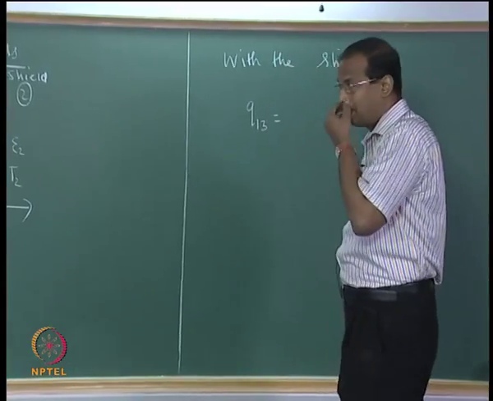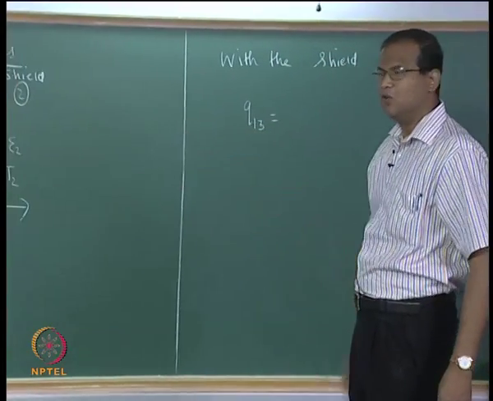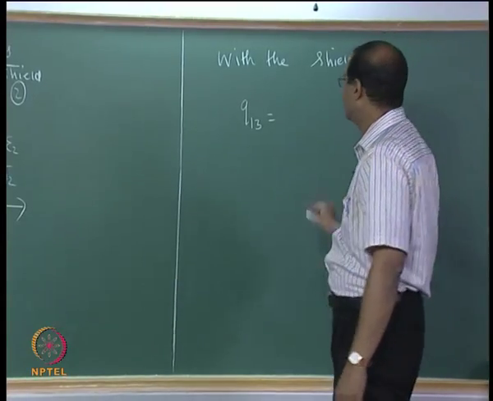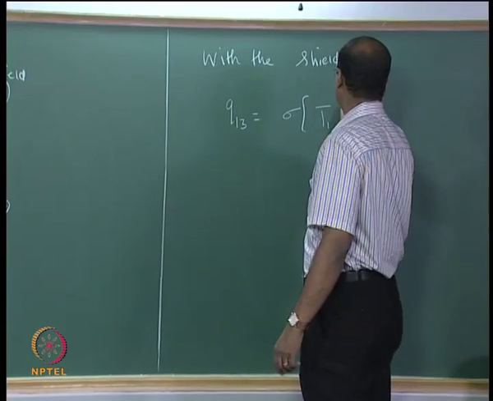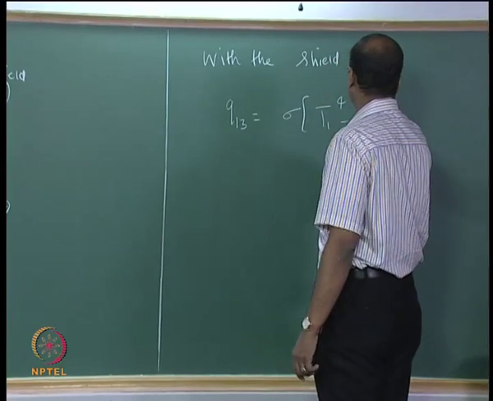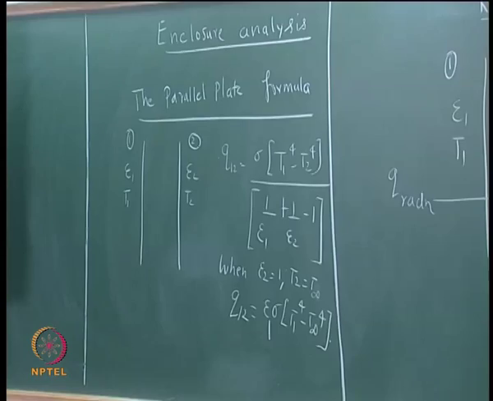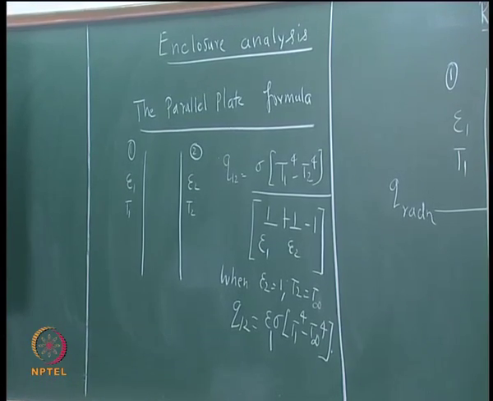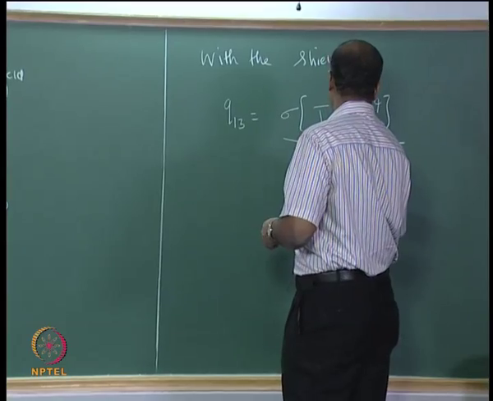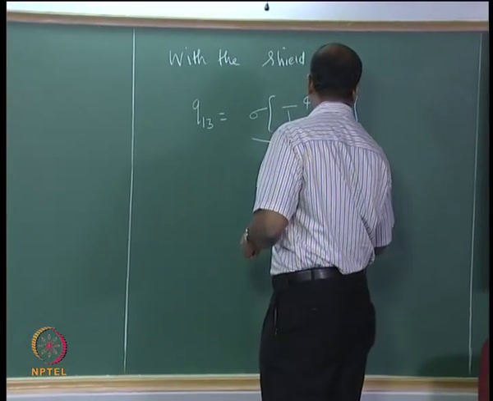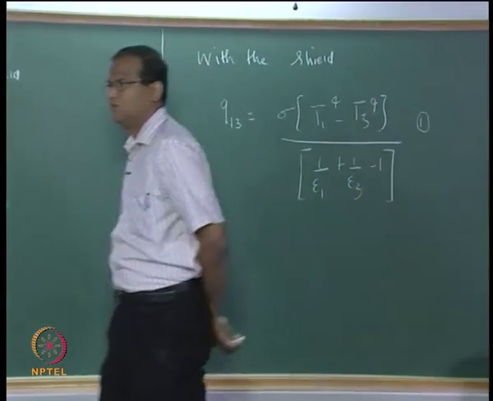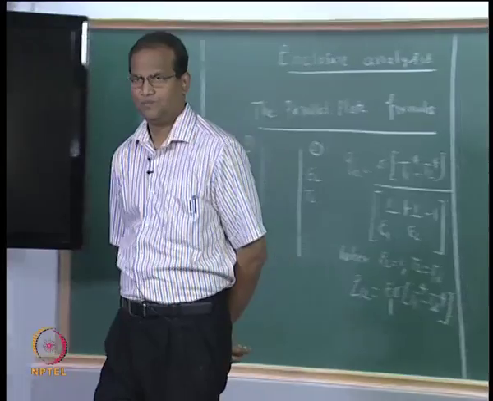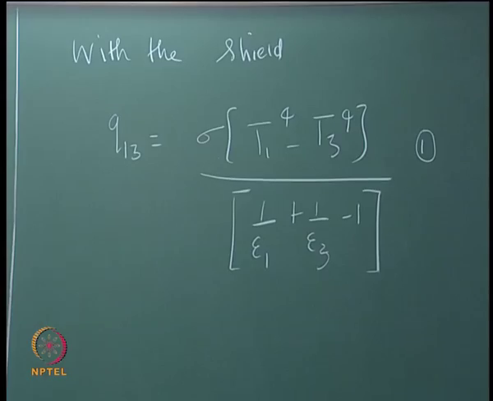Q13 can be written, from the parallel plate formula, as sigma T1 to the power 4... But I may not know T3 at this point in time.